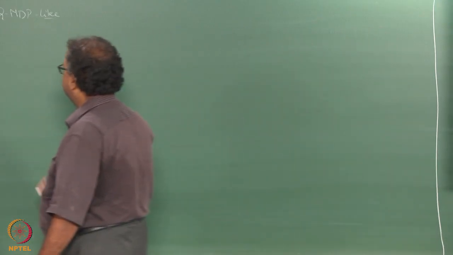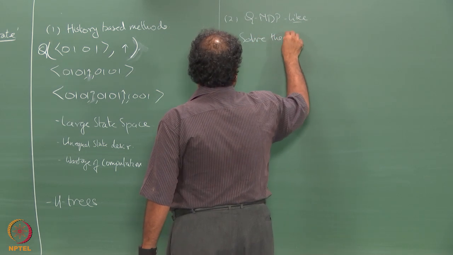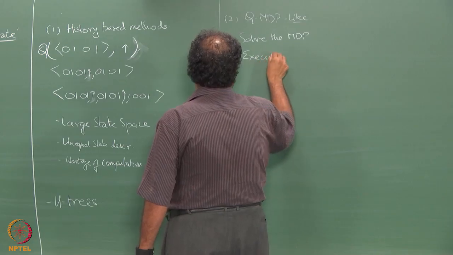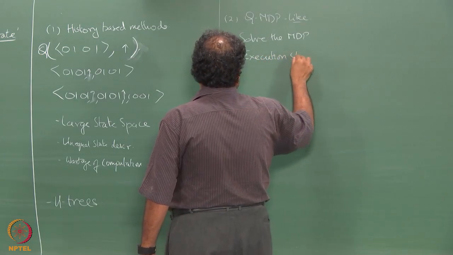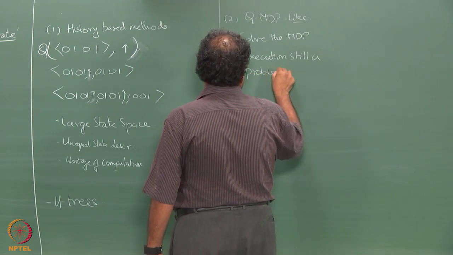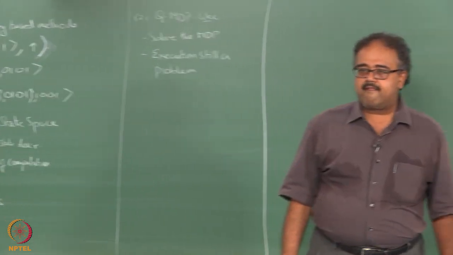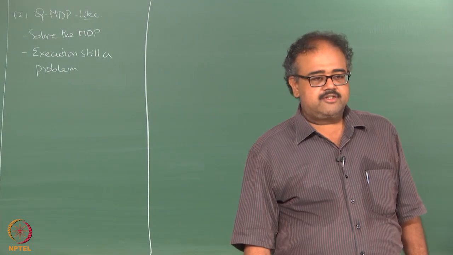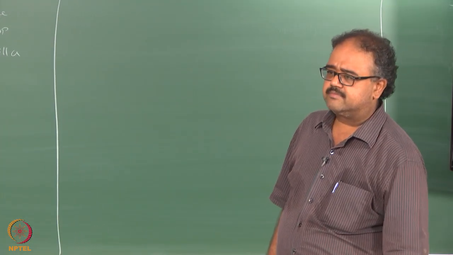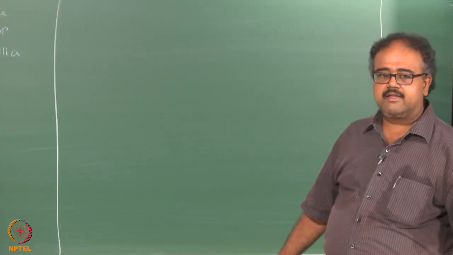I can solve it, and execution is still a problem. So can you think of ways of fixing that? Start defining the O function. Yes, so I have the POMDP.